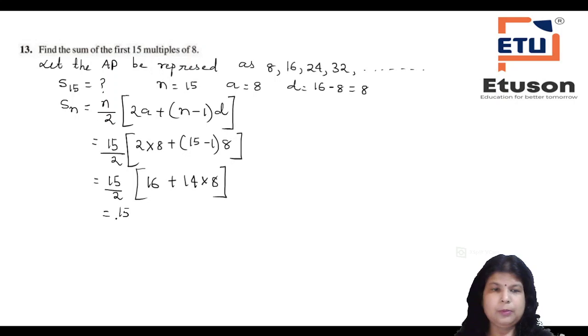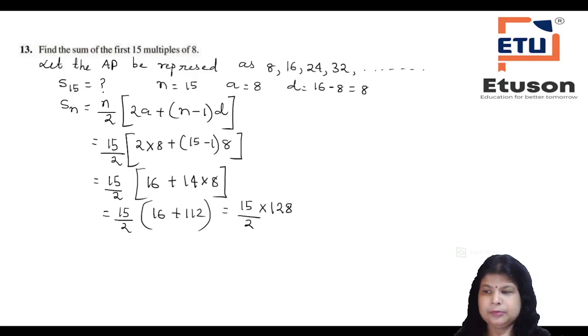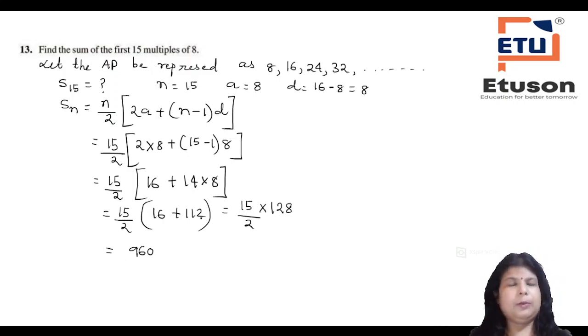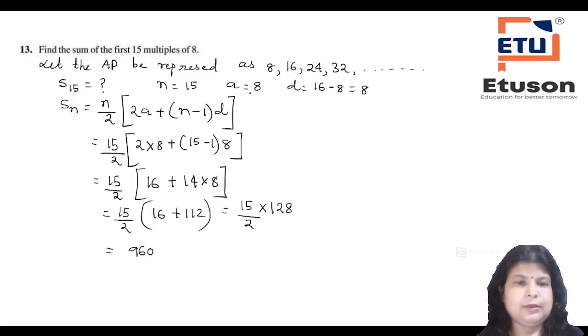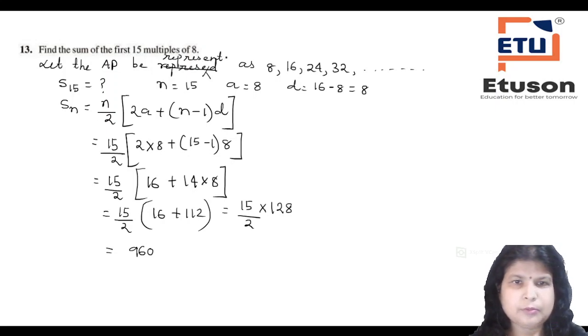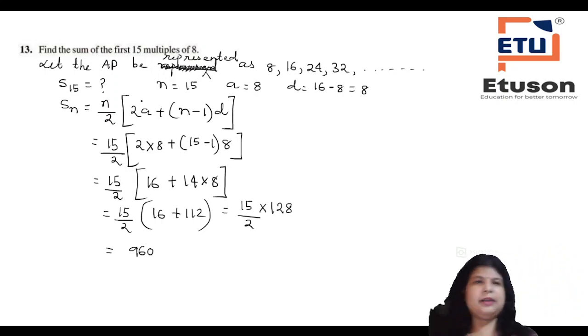So you get 15 by 2, then 16 plus 112, that is equal to 15 by 2 into 128, right? So your answer is 960. Okay, so the sum of the first 15 multiples of 8 is 960. By mistake it has been written wrongly, so let me rectify it. Don't get confused.